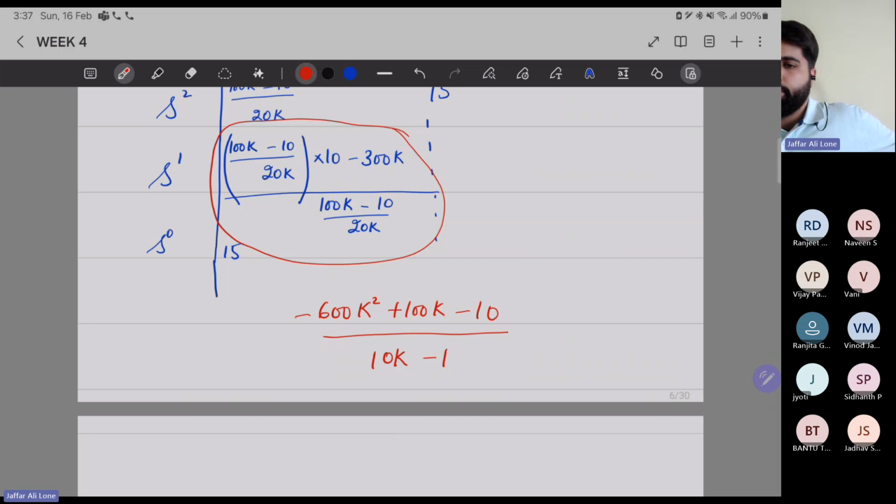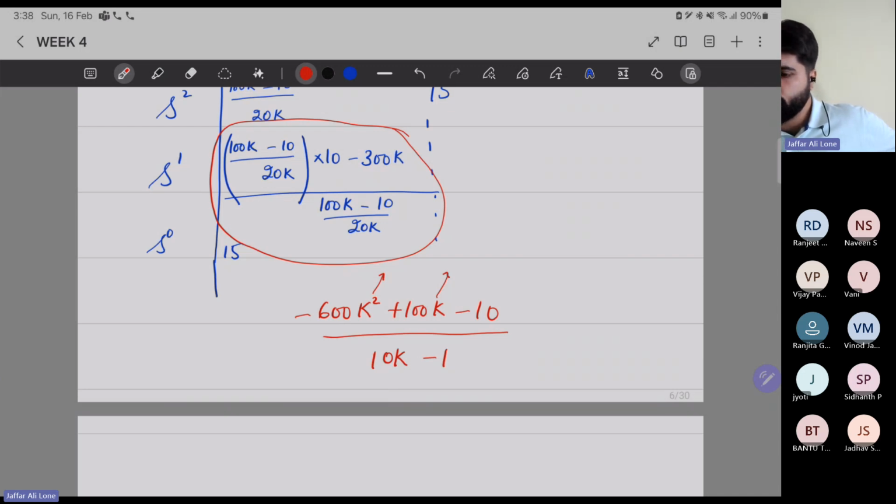Now we can see this will always be negative for any value of k, because we have k square here, and this is linear k, this is square k, and it's a minus sign. So this term will always be negative.